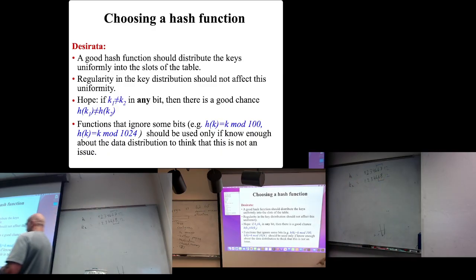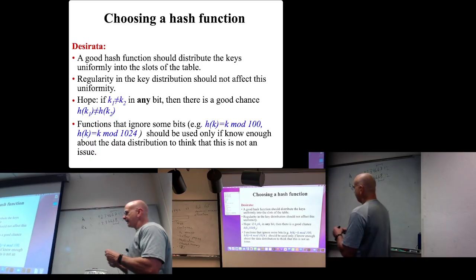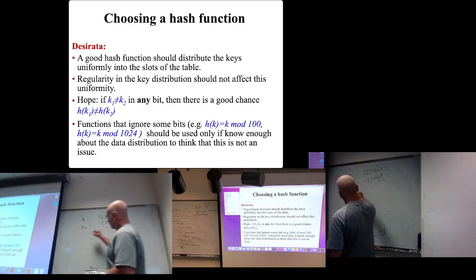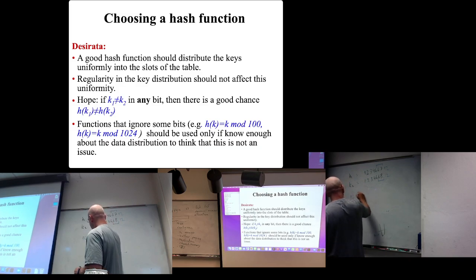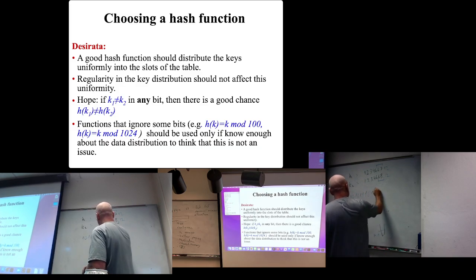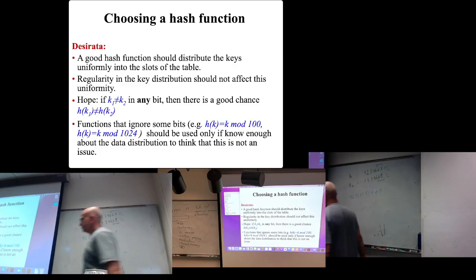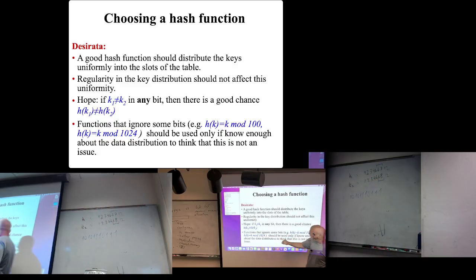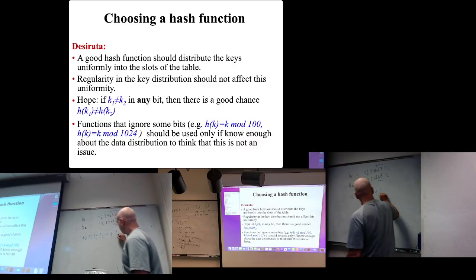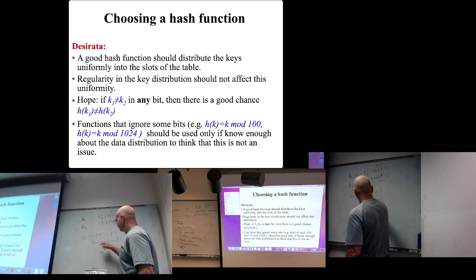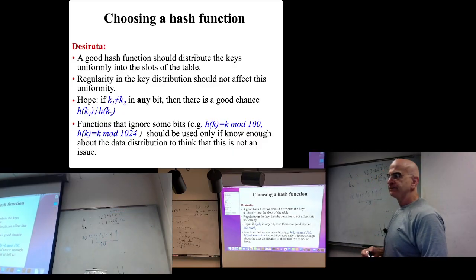What about k mod 10 to the 10th? But now we are thinking about a binary number, and this operation, k mod 2 to the 10th, just looks at the 10 rightmost binary digits.